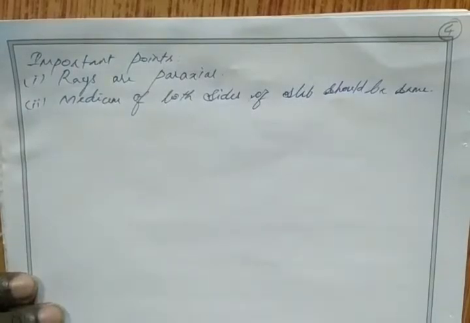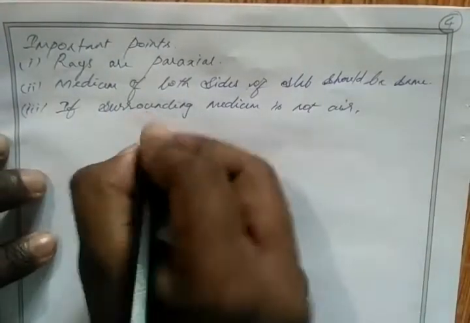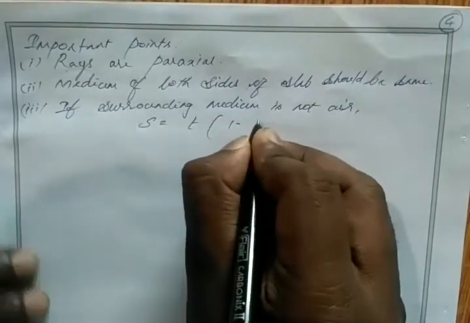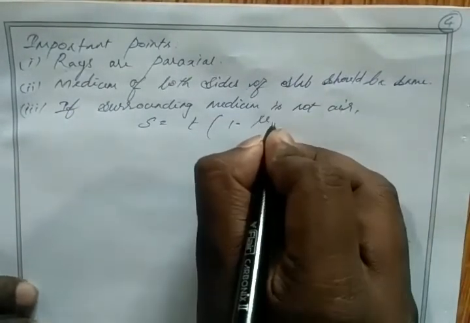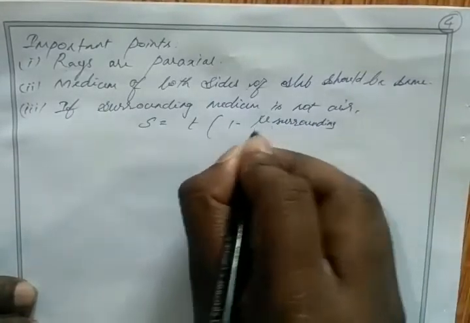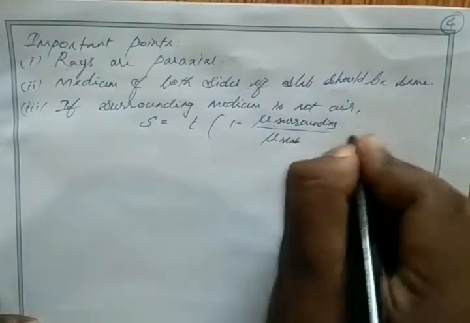It need not always be air; it may be water or oil, but it should have the same refractive index. Third, if the medium is not air, then we use this formula: S equals T times 1 minus refractive index of surrounding divided by refractive index of glass slab.